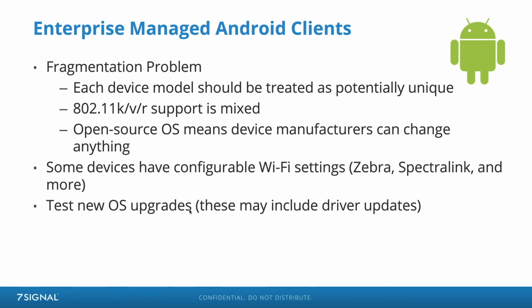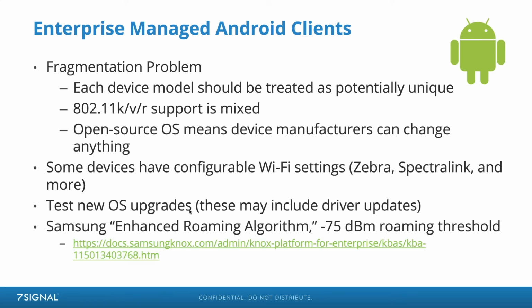For instance, Android 11, I believe, had an update last year that prevented you from connecting to an 802.1x network without validating the server certificates, which is a good thing, but you want to be aware of those kinds of things before they happen and affect your network. Samsung, similar to Apple, has published a roaming algorithm, and they specify a -75 dBm roaming threshold. So you can look at that and decide if that's going to meet your needs as well.